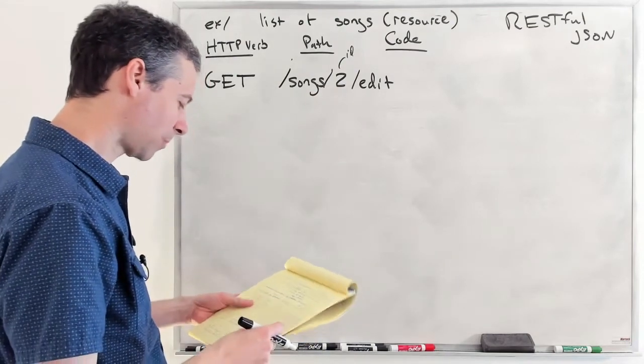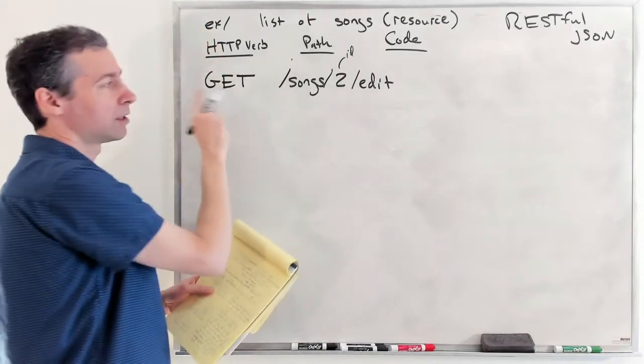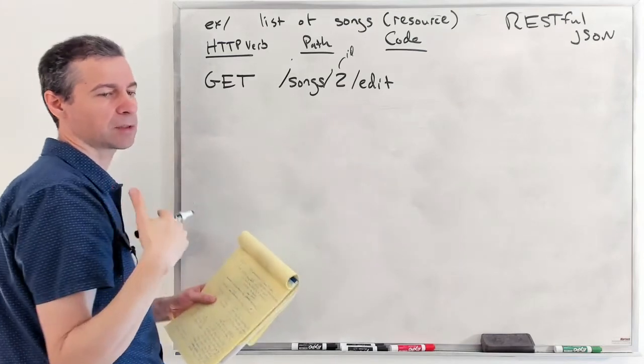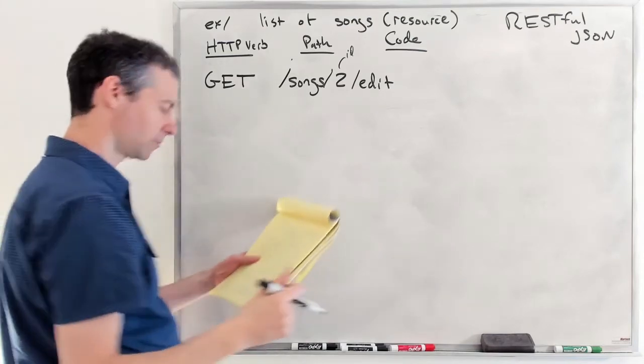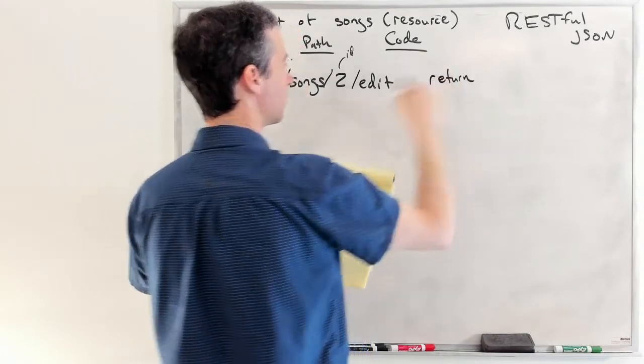All right, but this, again, it's like the new. Notice it's a get. So this is not about changing it. This is about getting back something that will then let me edit it. All right, so this is all the code that you have to write for this.